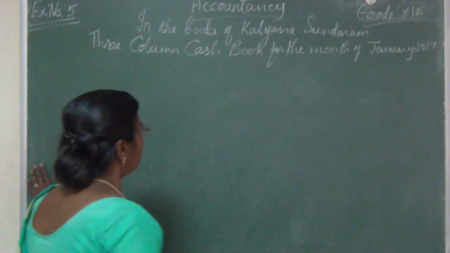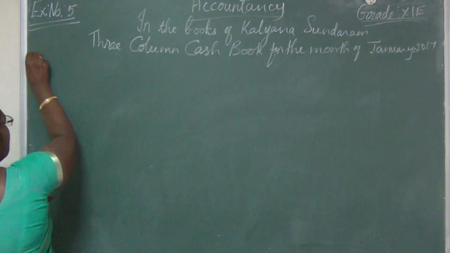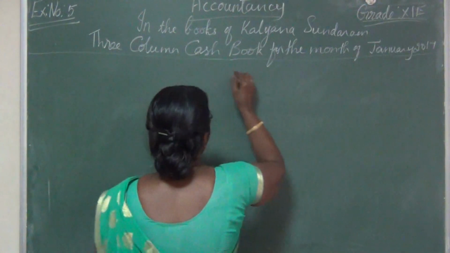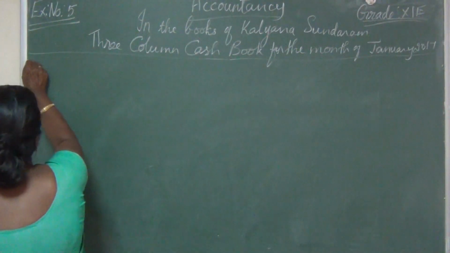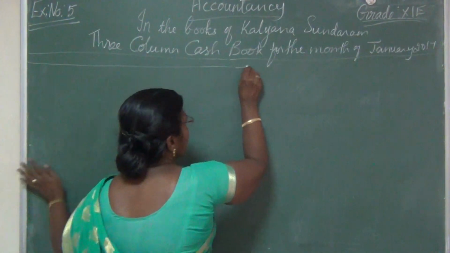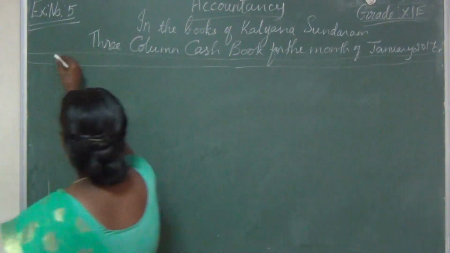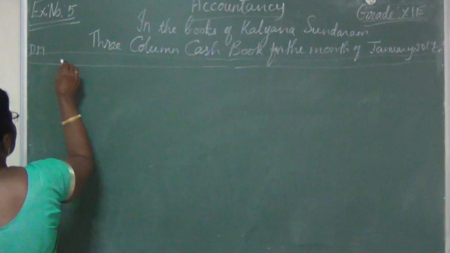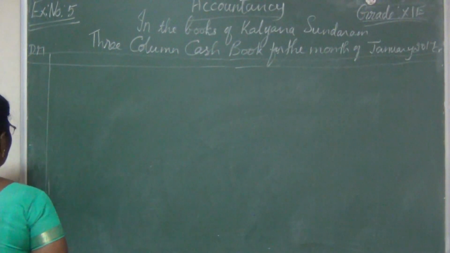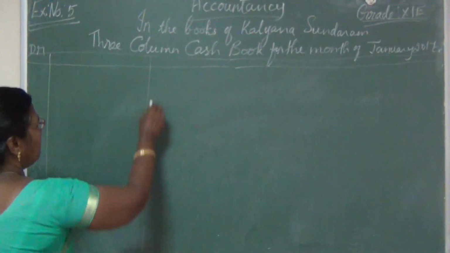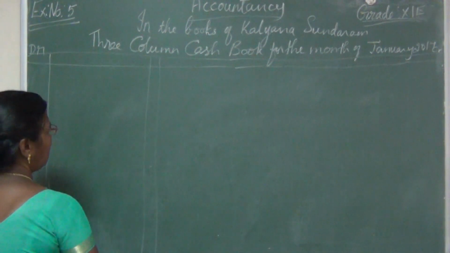So first we should draw the line, isn't it? Then here creditor, here debtor, debit, isn't it? Here date, particulars, then receipt number.